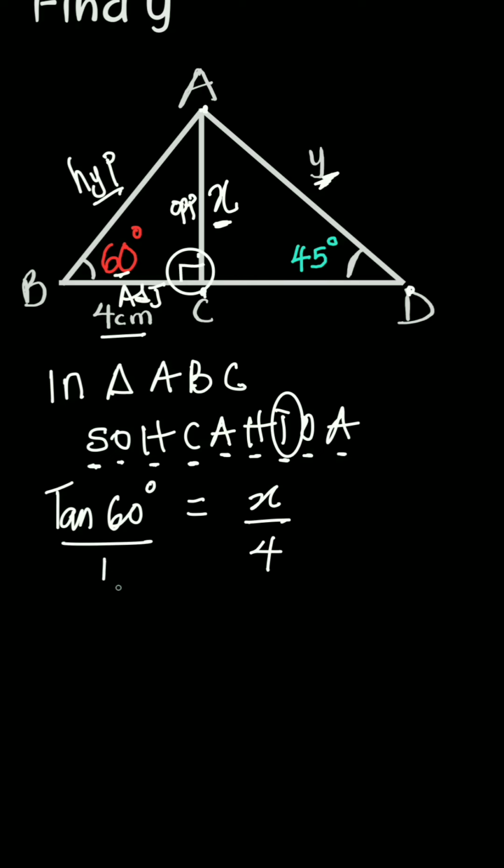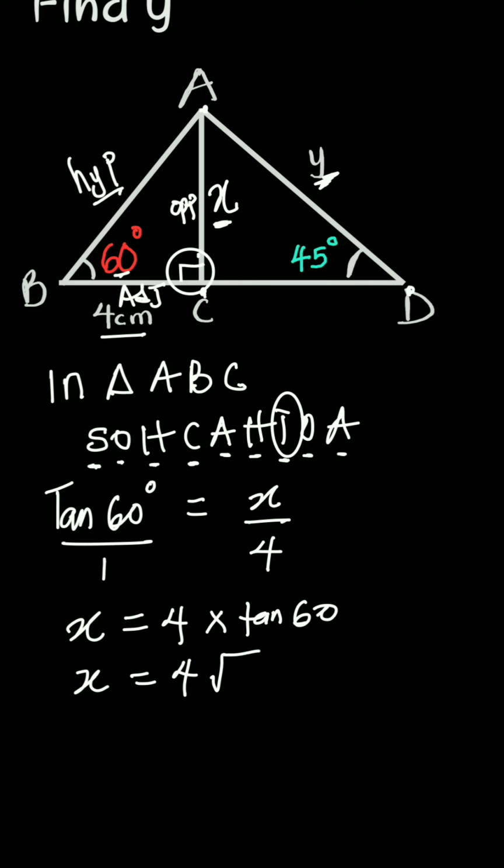This is this over 1. When we cross multiply this, x times 1 is x, equals 4 times tan 60 degrees, which is root 3. So we have this as root 3, and this is our answer in centimeters. So the value of x is 4 root 3 centimeters.